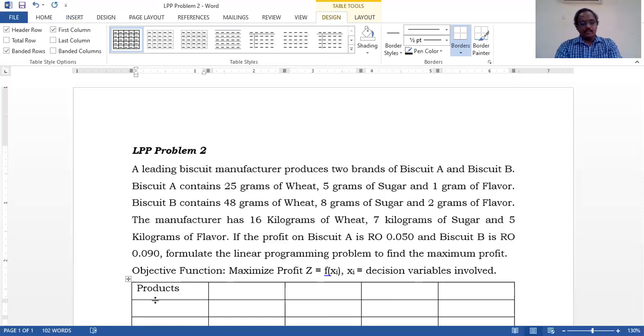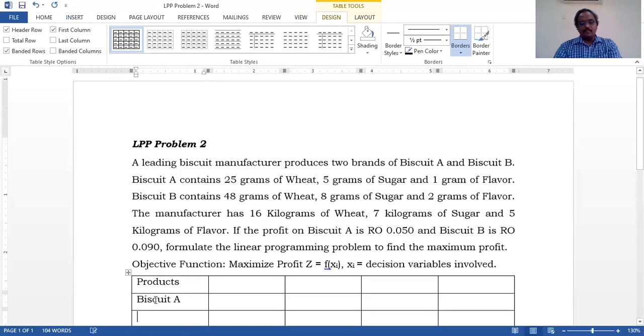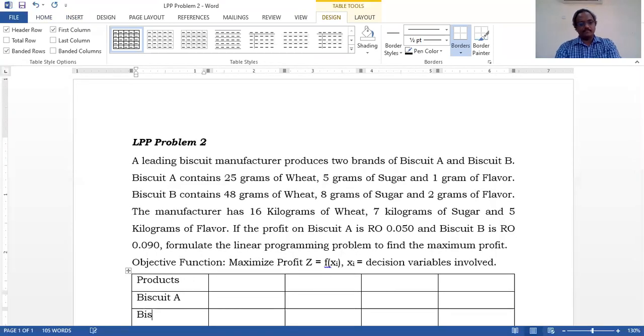We are having biscuit A and biscuit B. And the required composition is given: the resources required for manufacturing the biscuit. We need wheat, we need sugar, and we need flavor. So we need 3 resources to manufacture the biscuit.